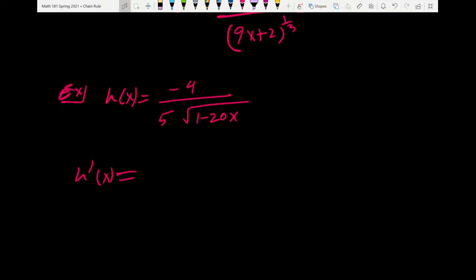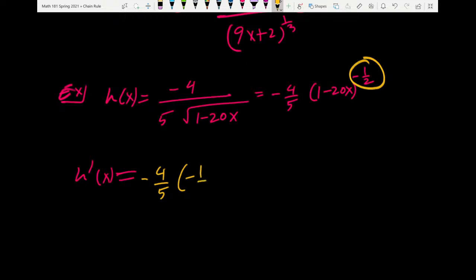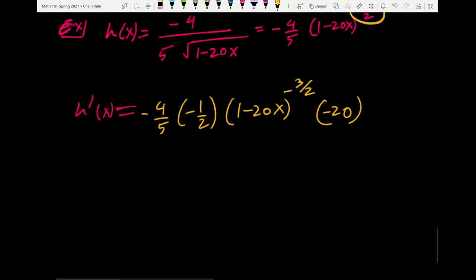Any question yet? All right, let's look at it. I'm going to rewrite the problem like that. Now from there, I know this is the outside, and it's easier for me to do the derivative of that. And the derivative inside is just -20. Can we simplify that? Yes, we can.